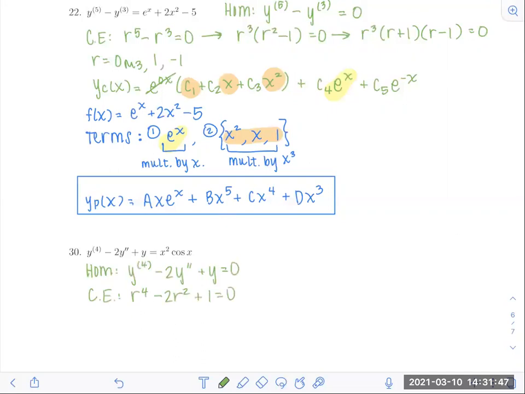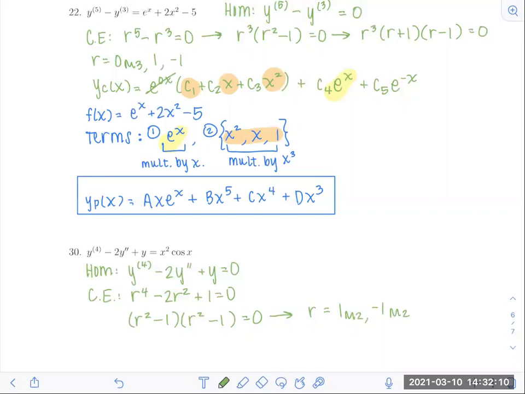So this factors to r squared minus 1, r squared minus 1. And so we're getting two different types of roots, 1 with multiplicity 2 and -1 with multiplicity 2. So they're both being repeated.